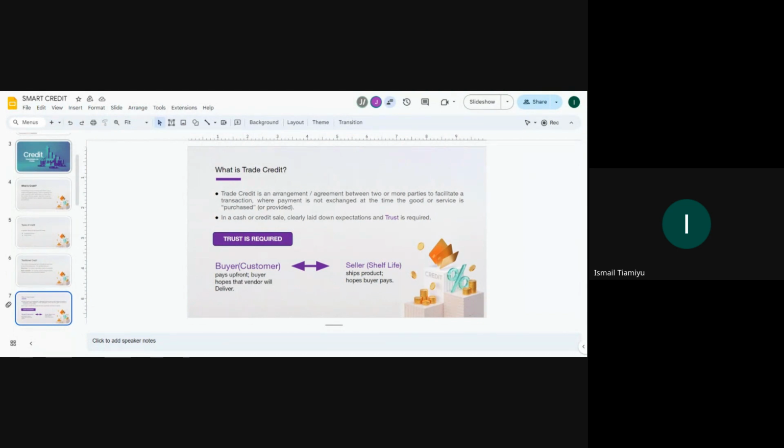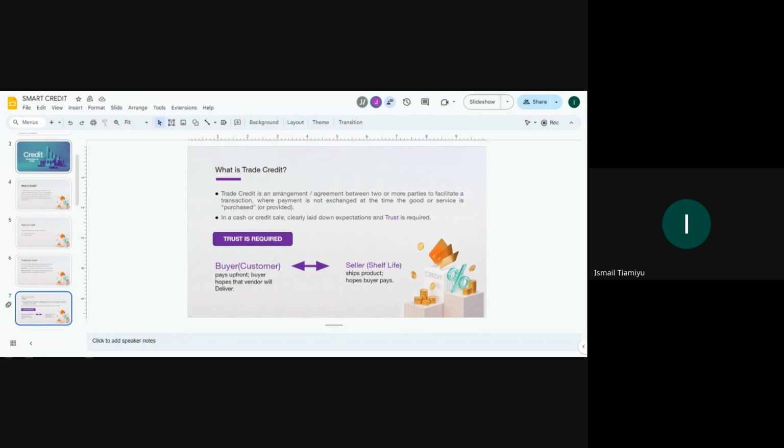It's good to have a contract between parties when they are entering into credit. So it's a contract between two parties where one party receives products from another party, but it's not making payment immediately and promising that at a future date, he or she is going to make the payment.